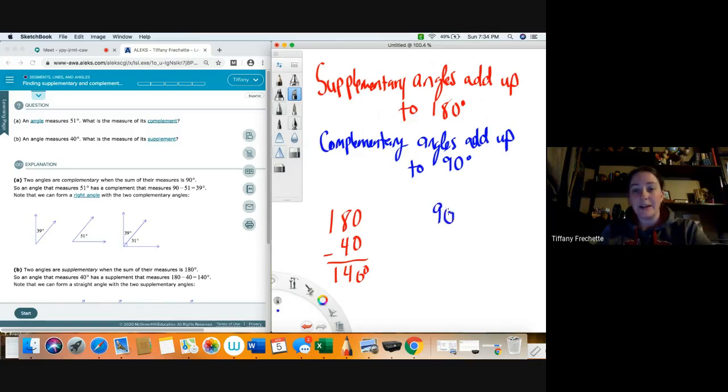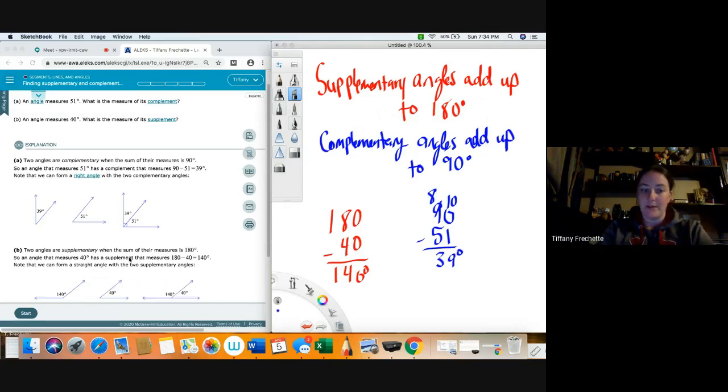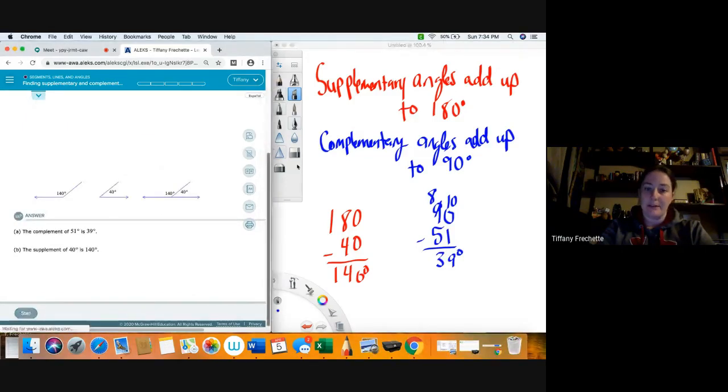If I know they add up to 90, and I'm being given 51, I'm going to subtract, and I get 39 degrees. The complement of 51 is 39 because if I add those two together, I get back to 90. The supplement of 40 is 140 because if I add these two together, I get back to 180. So that's the basic idea. We're just going to go through and do that math a couple of times.